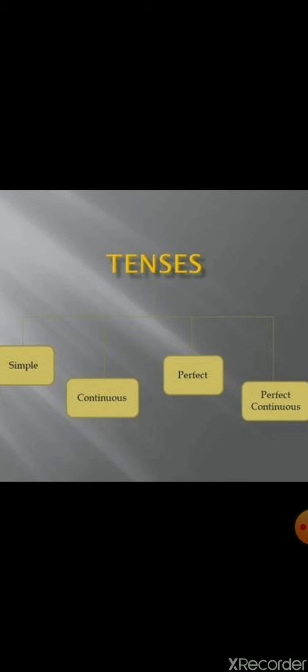In the same way, past: simple past, past continuous, past perfect continuous, combination of 3 aspects. Looking at the future: simple, means indefinite future, future continuous, future perfect continuous.